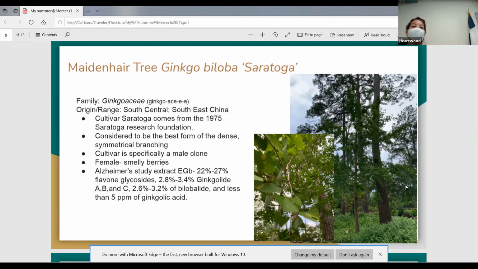It may be due to one of the active ingredients, which is ginkgolide B, which inhibits neurotoxicity of the beta amyloid, which in Alzheimer's is something that is produced and blocks and bundles itself in between neurons, which is one thing that causes the decline in motor function and all the other things that come with Alzheimer's progression.